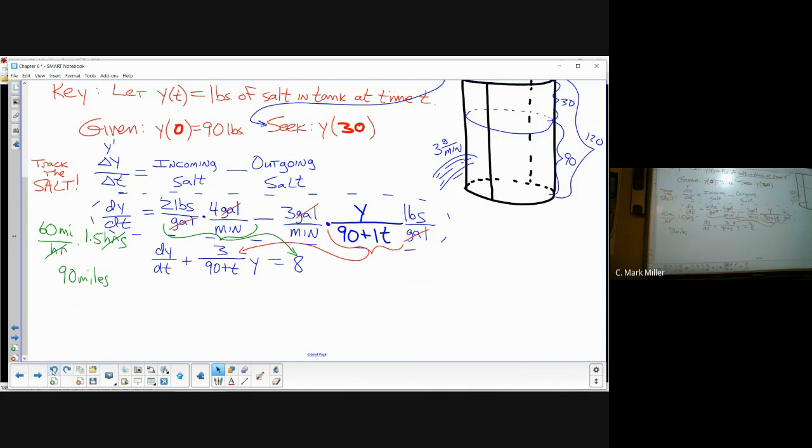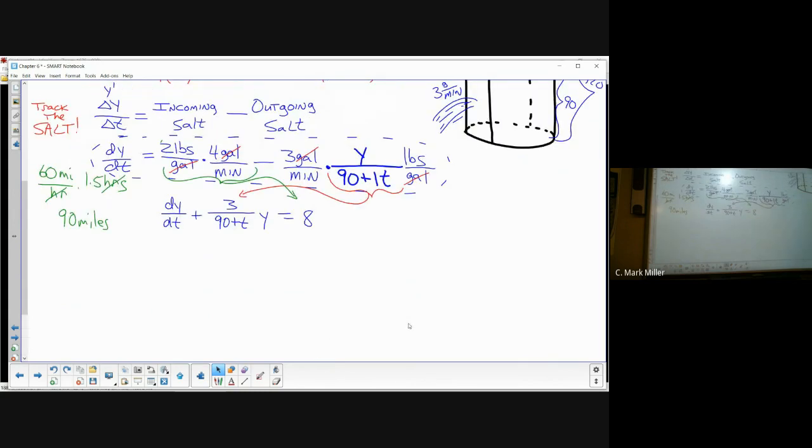So let me move it now. Okay? So that buzzard right there is what kind of differential equation? First order linear.